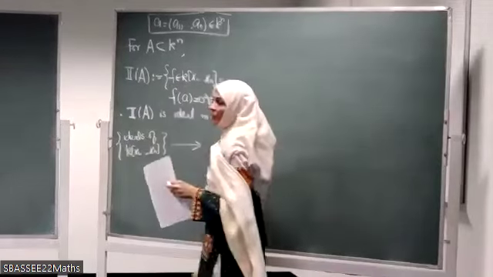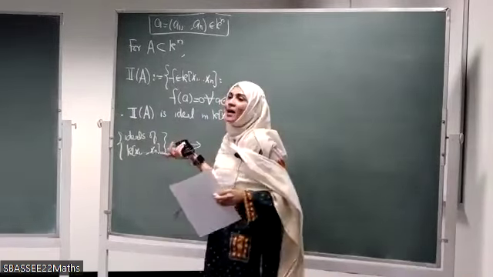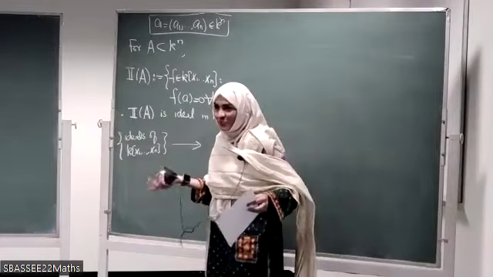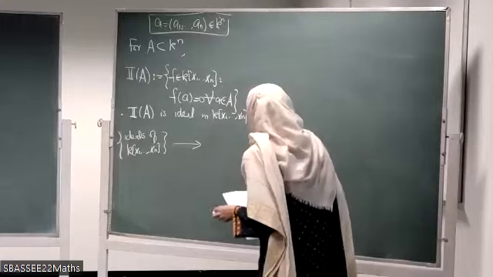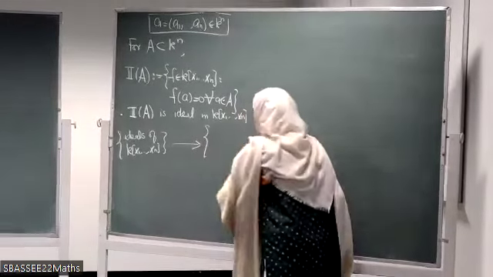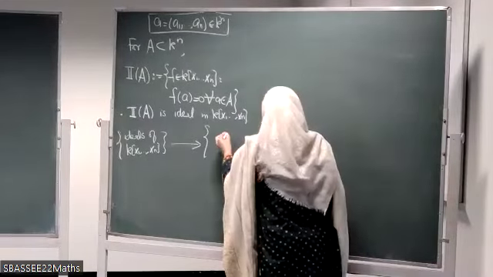If it were empty, there would be nothing to show about whether it is an ideal or not, so that is still true, and you don't need to consider that property at all. Okay, and then we have affine varieties.